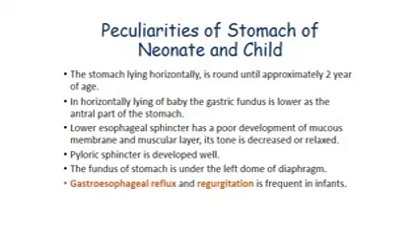At the same time, the lower esophageal sphincter has a poor development of the mucous membrane and the muscular layer, so its tone is decreased or relaxed. بمعنى the gastroesophageal sphincter is somewhat lax.